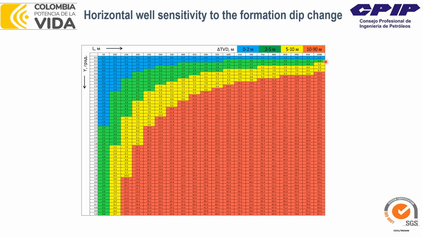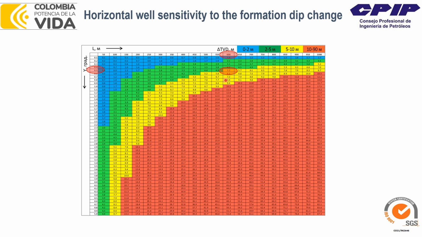And let's have a look at our research calculation. So now you can see on the example of one well how it's working. For example, if our horizontal section is just 600 meters, which is not that long, a typical horizontal section, and if we believe that the formation can vary plus minus 0.5 degrees, in this case our sensitivity is 5.2 meters.